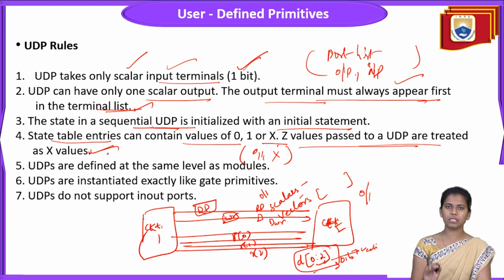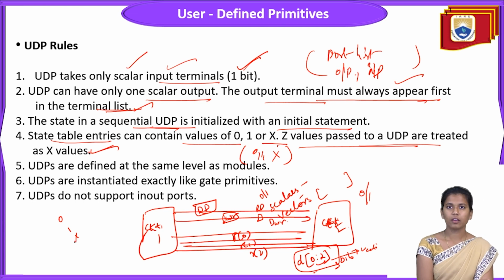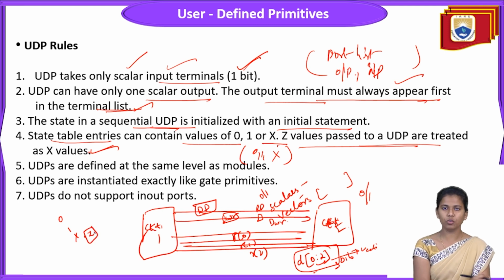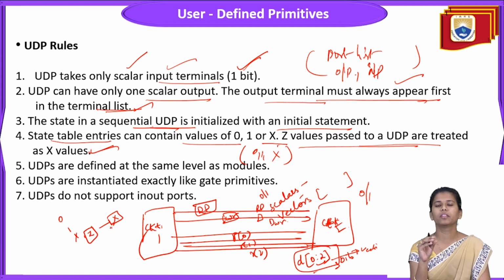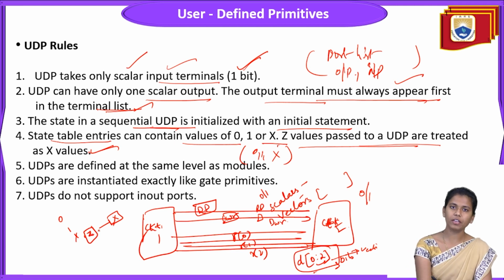So in the output basically you may observe 0, 1 or x. If you are observing any z value, then that z value is treated as x. So here the important thing you have to remember is that no high impedance value is seen.